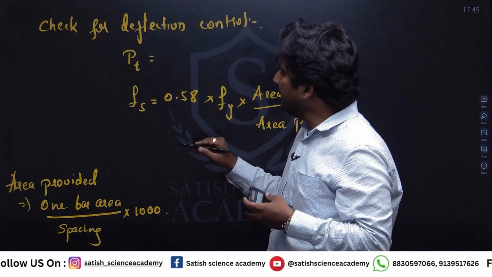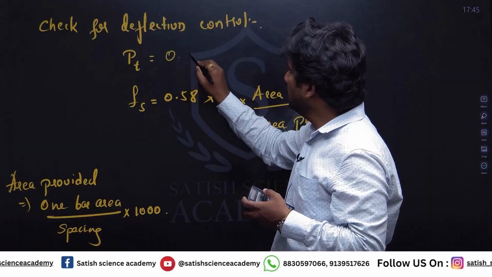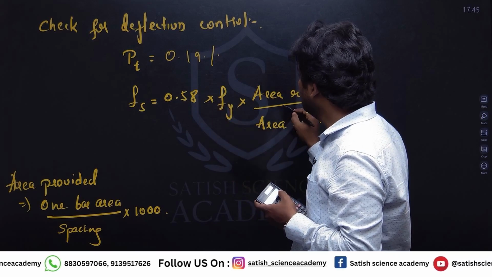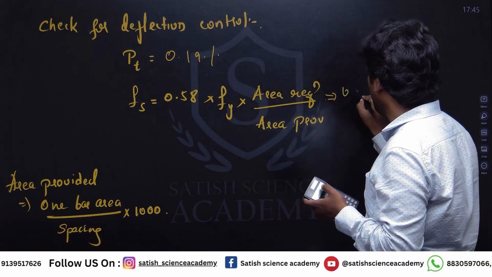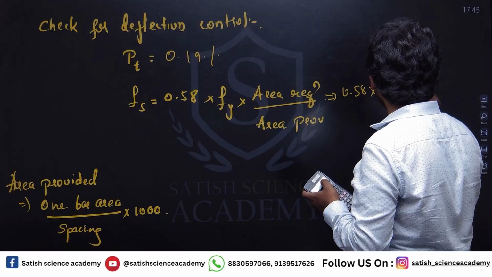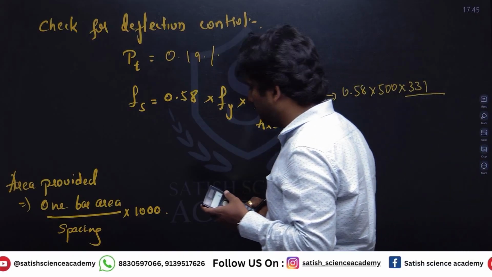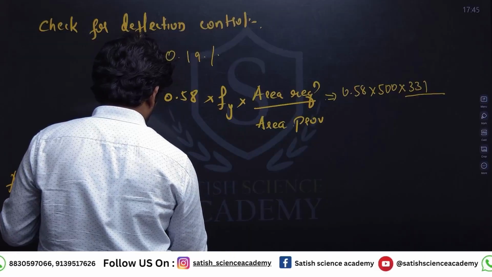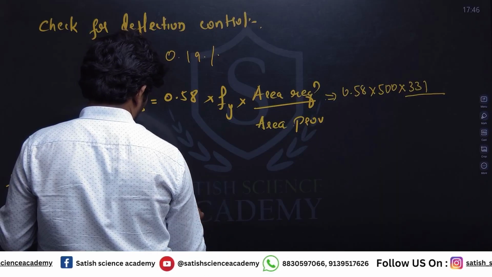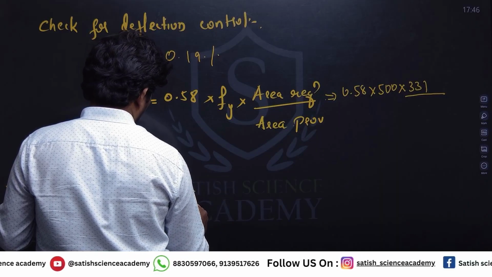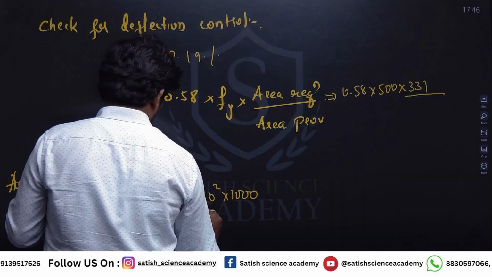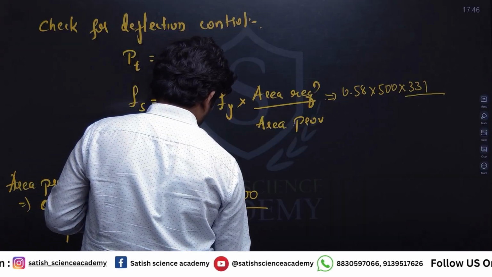So percentage of steel we got as 0.19%. So the fs value is so much. So this one will be 0.58 into 500. Area required is 331, and area provided, 1 bar, 10 mm diameter we have provided, that is pi by 4 into 10 square into 1000 divided by spacing 200 mm.